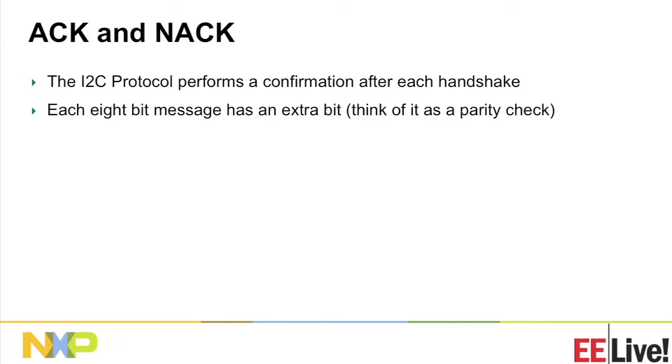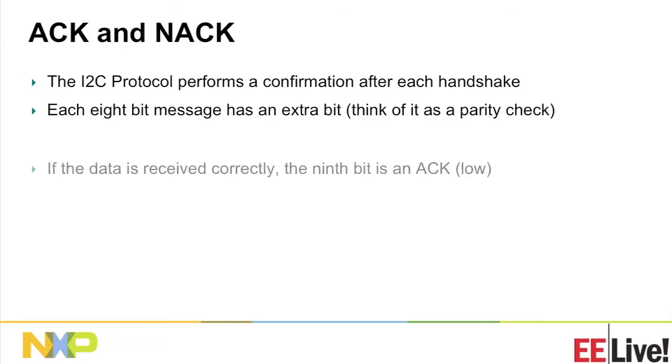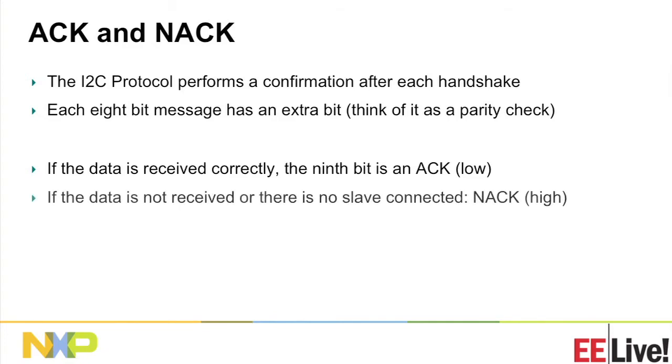And the way this works is that at the end of 8 bits, the 9th clock pulse is used in the way like a parity bit to find out whether the device that received the data is happy. And if it is, then it will send back a 0 if it's an acknowledge. And if that device is missing from the bus or didn't receive the message or is busy and can't take the message at the moment, it will send back a NAK, which means the signal will be high.